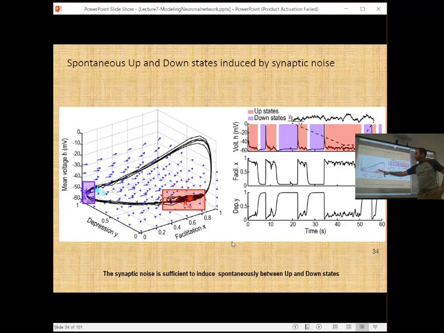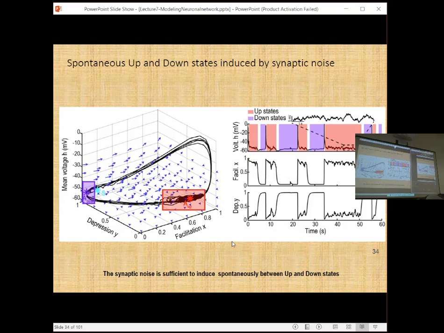This is a 3D representation of what I just showed to you. Depression, facilitation, mean voltage. You start from 0, you go to this tracker, where before this there is oscillation, and by noise it can escape and go back. And what we found is that in this upstate, as I told you, there is this rotation attractor.